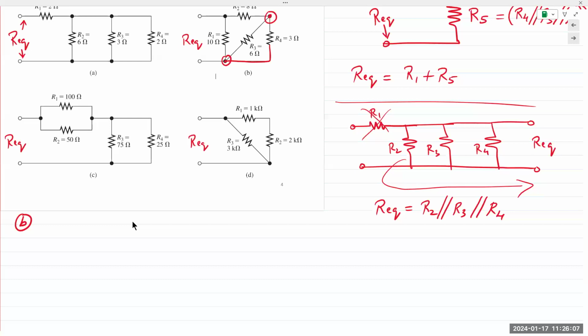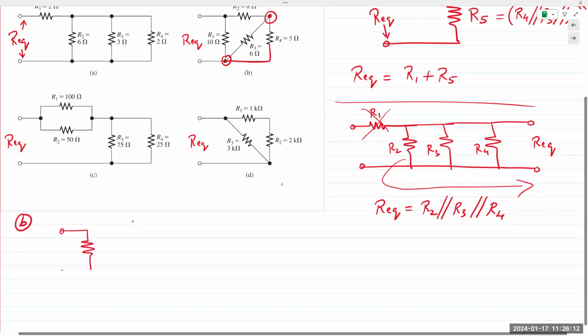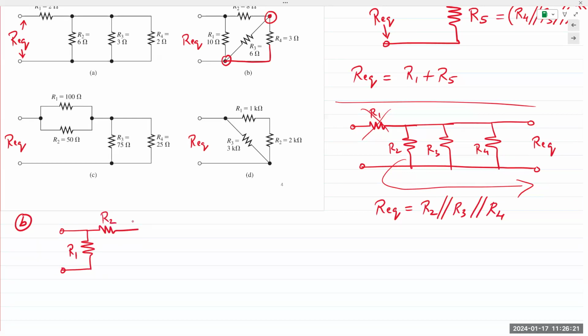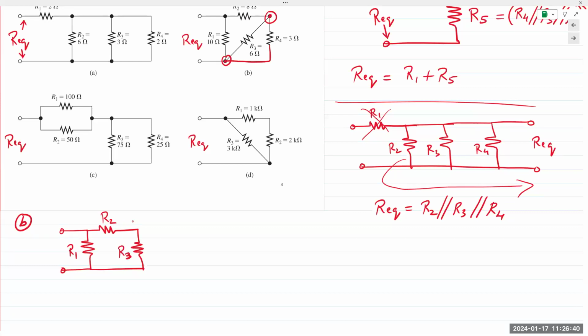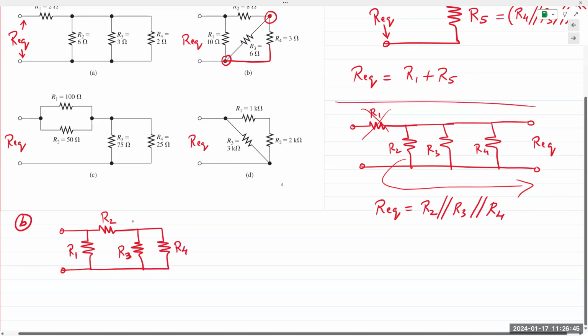And so what I'm going to do is R1, R2, and then R3. I'm going to take this node and stretch it out like this. And so R3 is now here. And then R4.